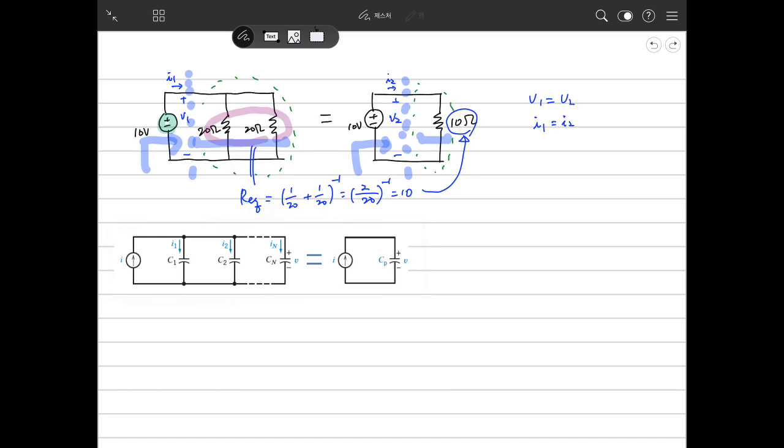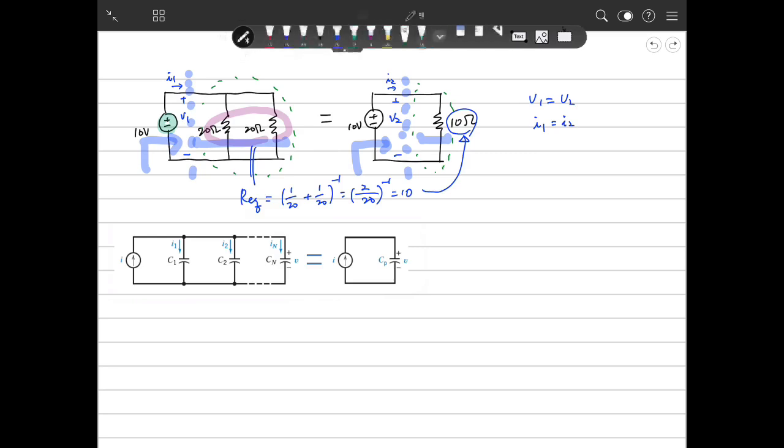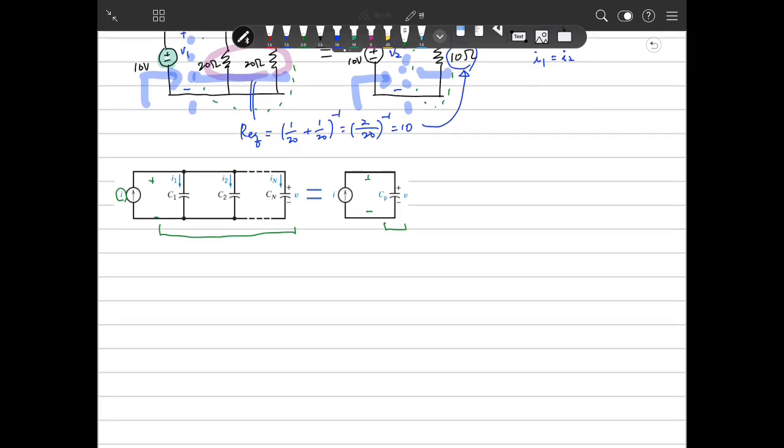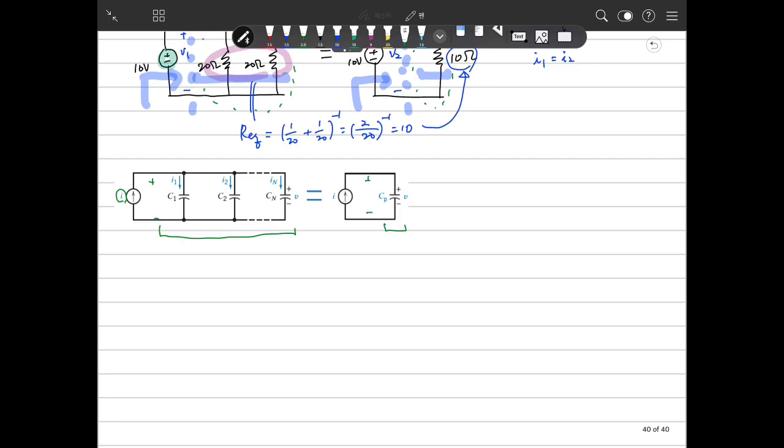So when we want to say the equivalent of this and this, we need to know about this current or this current and this voltage. The voltage will be the same. So you need to think about when defining this current source. I don't know how much it is.